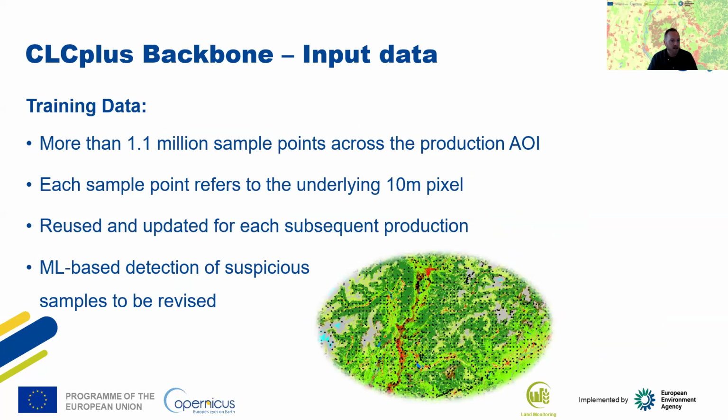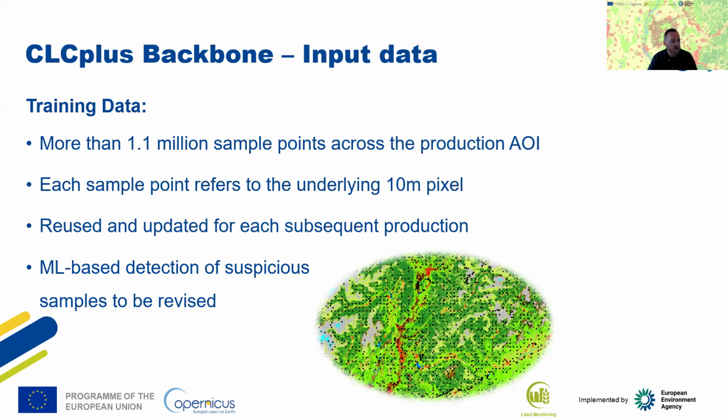Then on the next slide, we see the second most important input data, which is the training data. For the classification model training, we rely on a sample database of more than 1.1 million samples across the whole of Europe. Each sample point refers to its underlying 10-meter pixels and assigns one of those 11 classes to it.